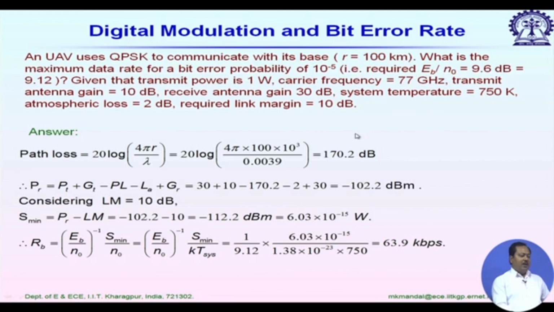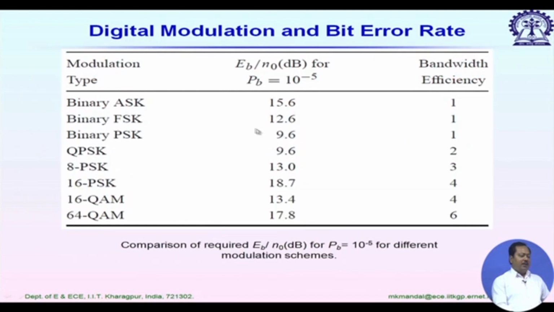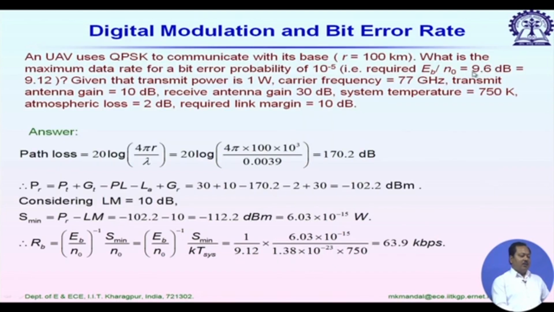If I go back to this table, for minimum bit error of 10 to the power minus 5, the minimum Eb/N0 required is 9.6 dB. If we convert it to a simple ratio, it comes to 9.12.